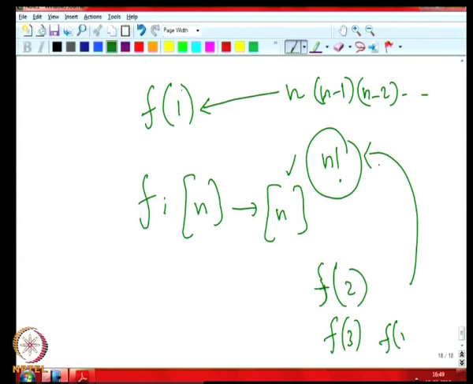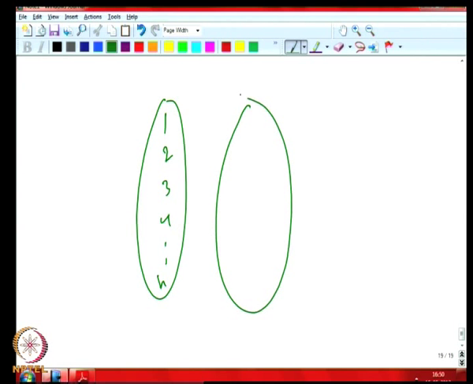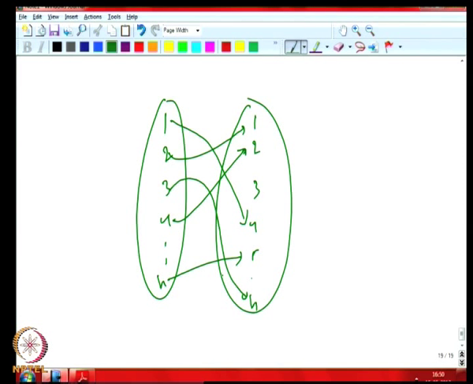So this tells us that this probably has some relation with permutations also. Yes, it does, because you can draw the bijection like this, with 1, 2, 3, 4 up to n on one side, and 2, 3, 4, 5, 6 up to n on the other.